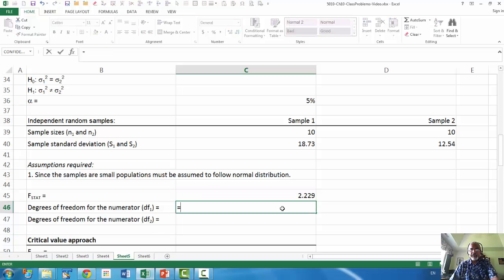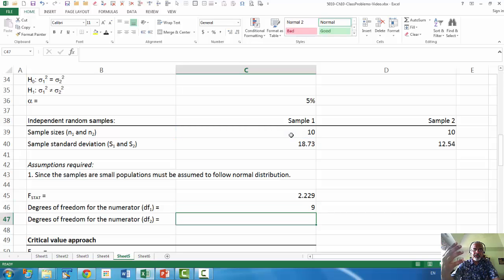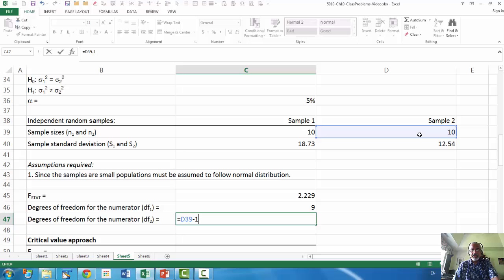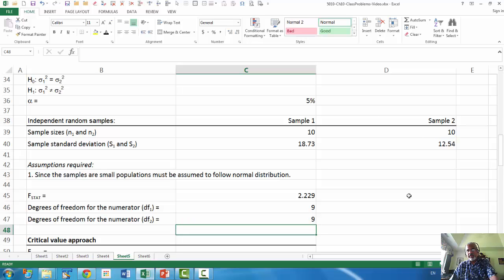Degrees of freedom is n sub 1 minus 1 for the numerator, since we used S squared sub 1 in the numerator, and then n sub 2 minus 1, that's the denominator degrees of freedom. The sample sizes need not be the same for the two samples because we are assuming independent random samples.